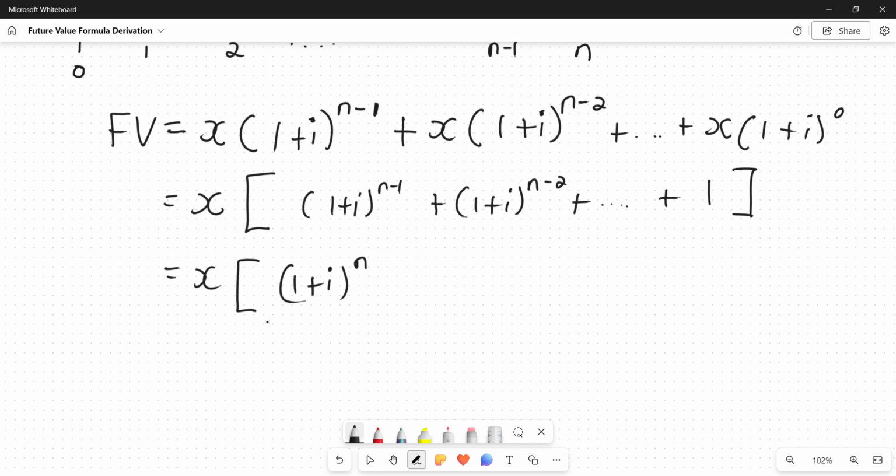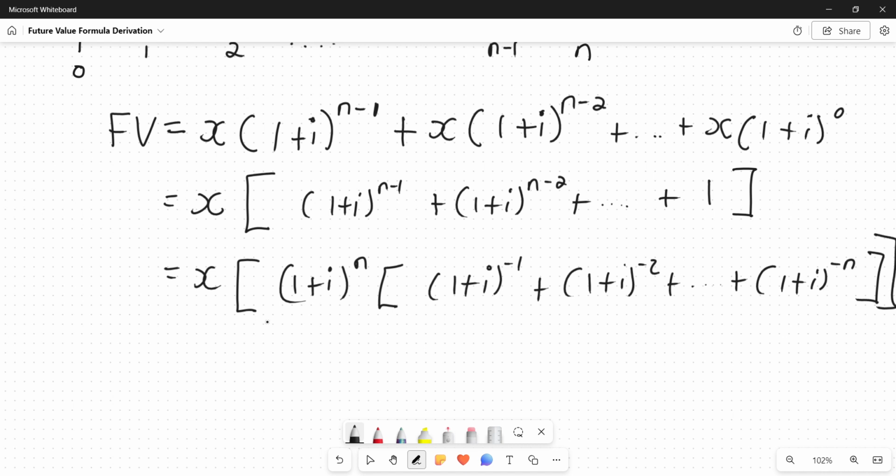If you factor out 1 plus i to the power of n, we are left with 1 plus i to the power of negative 1, plus 1 plus i to the power of negative 2, then carry on until the last one, which is 1 divided by 1 plus i to the power of n, the same as 1 plus i to the power of minus n.